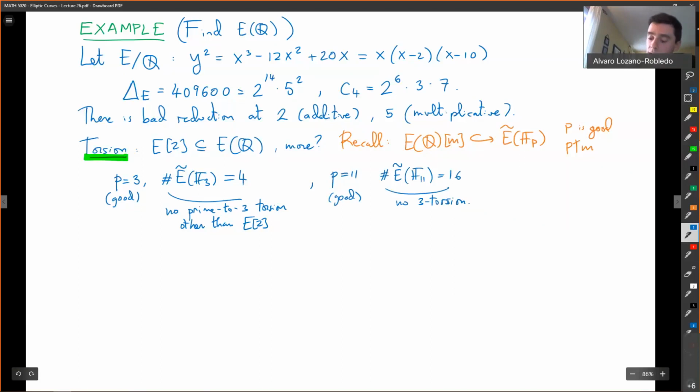All right. So the torsion group then has been determined, and it is just the full 2 torsion. No more. All right, great. So now we go for the gold, we go for the Mordell group.